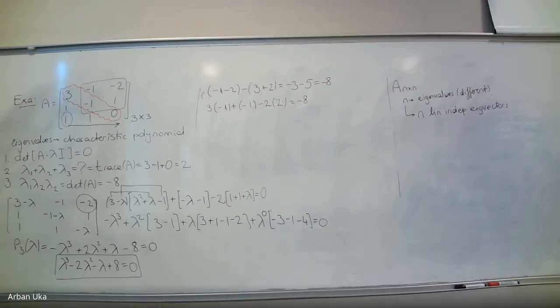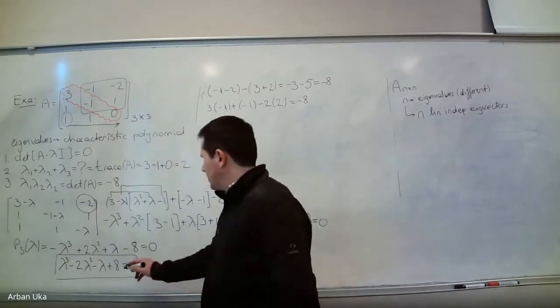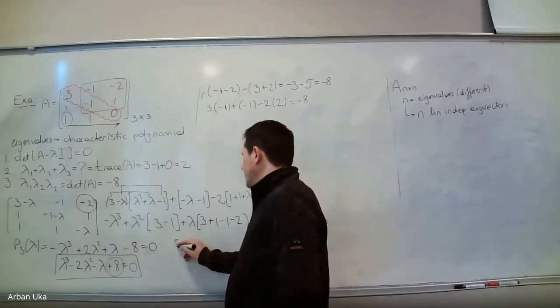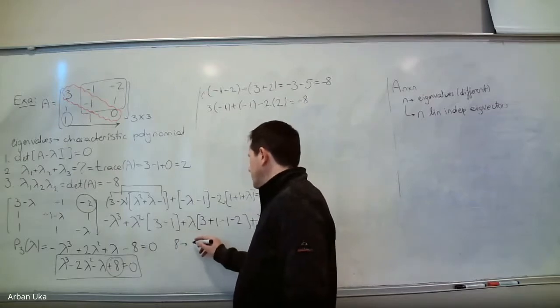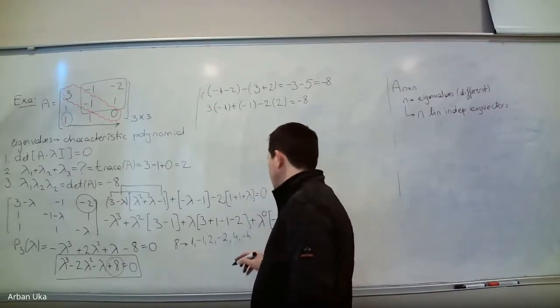So the characteristic polynomial. In order to find this, we can try to factor out this 8. This would be a good way to start. 8 is divisible by 1, minus 1, 2, minus 2, 4, minus 4.